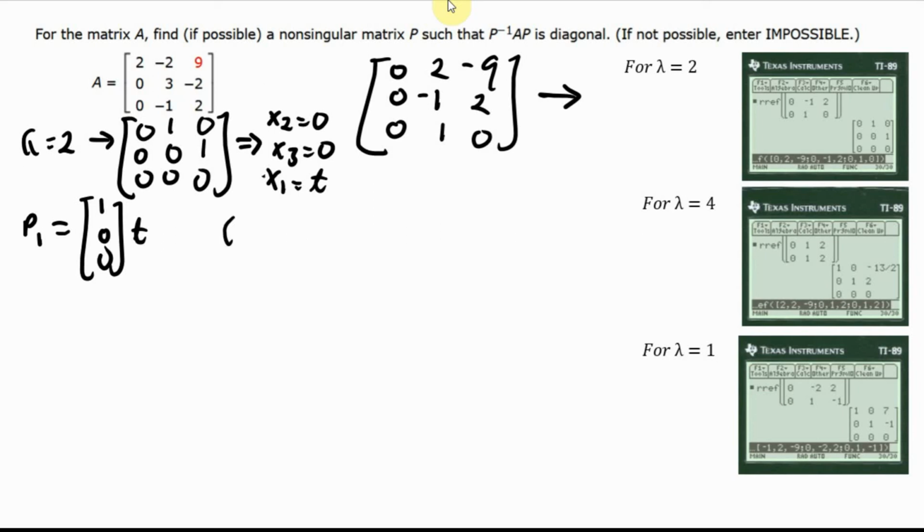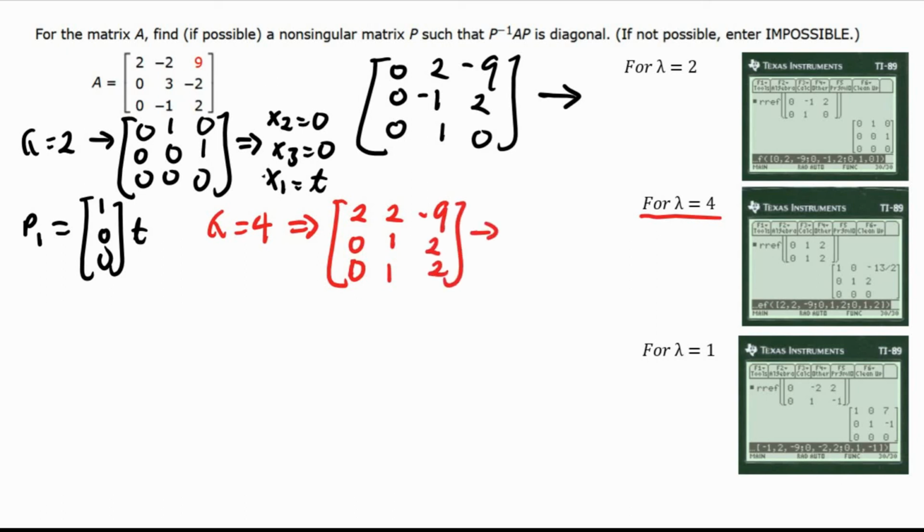Now I do the lambda equal to 4 in red. So we take lambda equal to 4, and you recall that we got the matrix 2, 0, 0, 2, 1, 1, -9, 2, and 2.